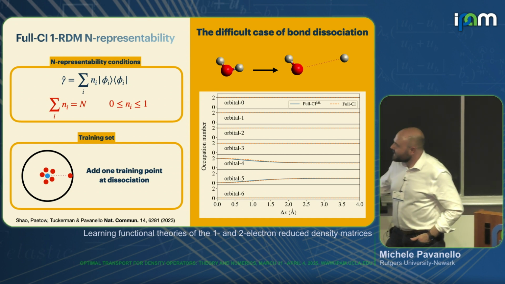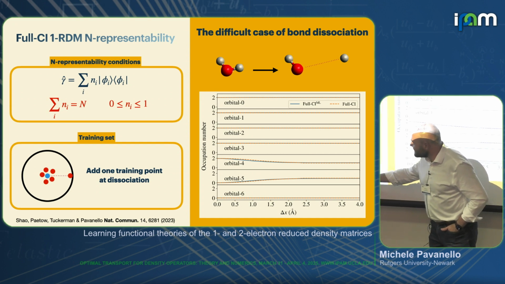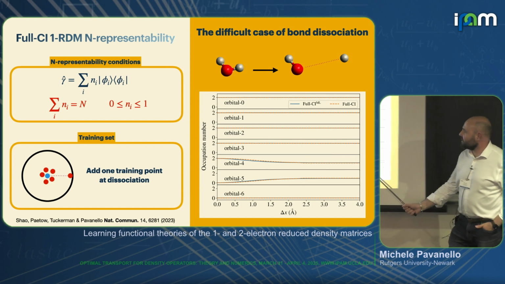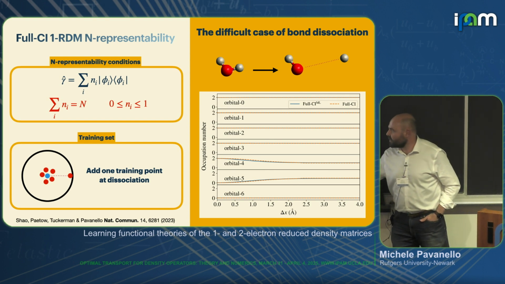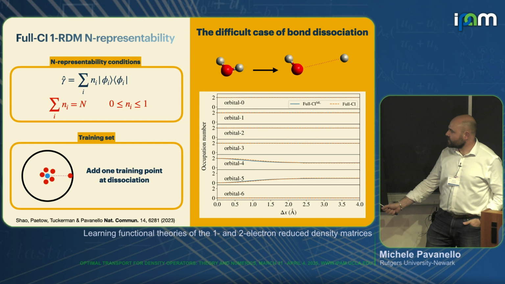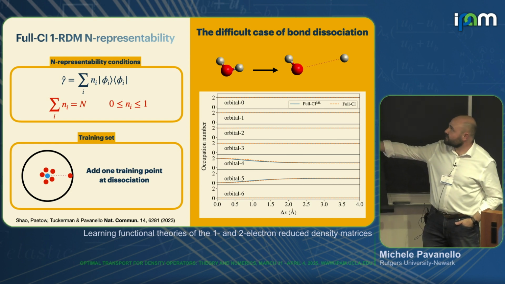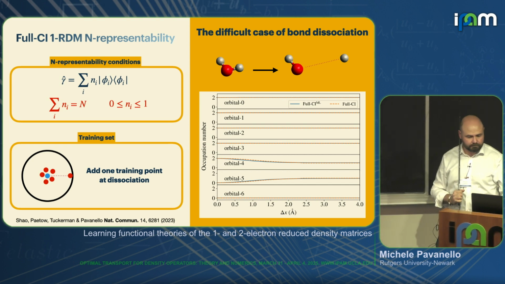Same idea: build a training set near the equilibrium geometry. I add 1 point at dissociation, and I can predict the occupation number distribution as a function of bond stretch, in this case for a water molecule stretching.